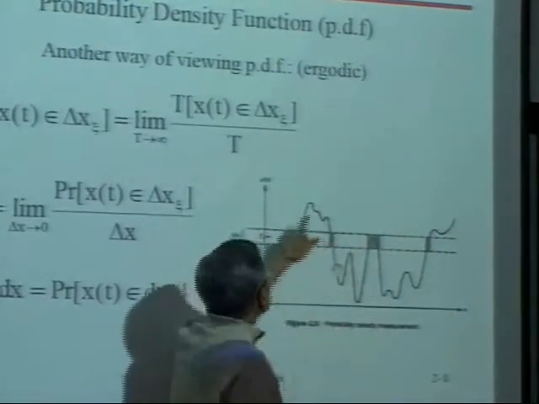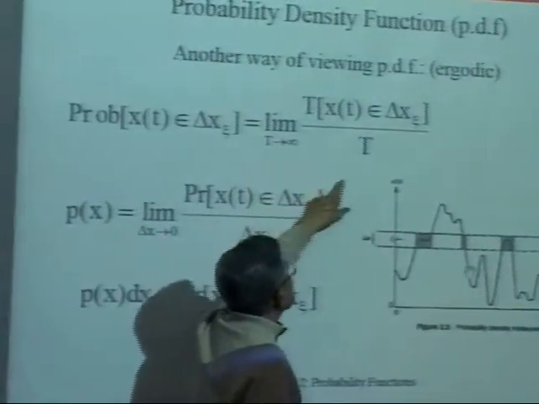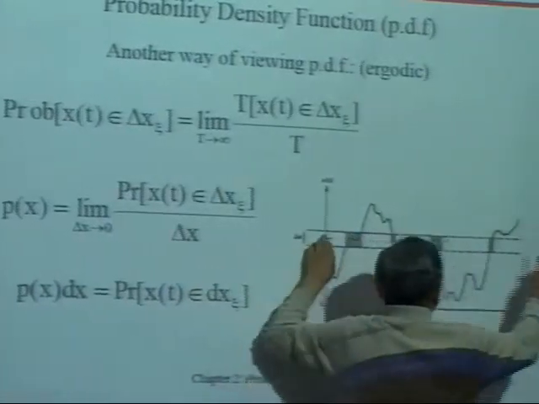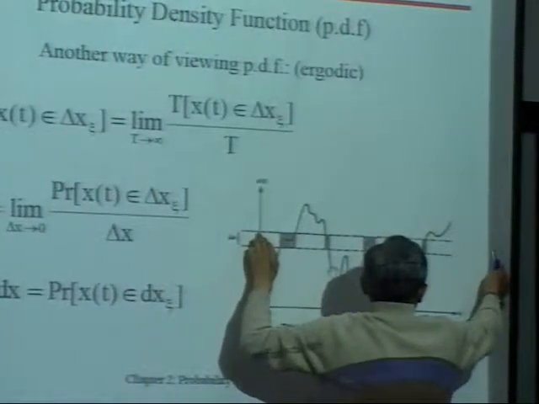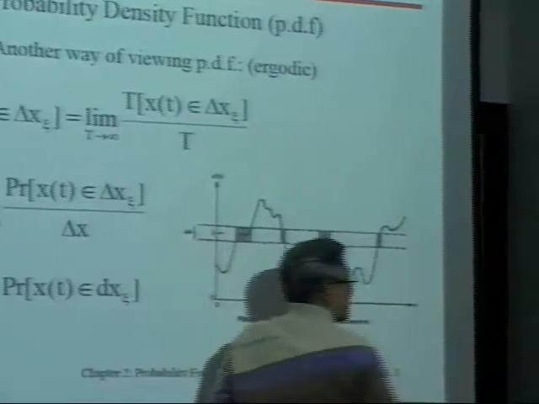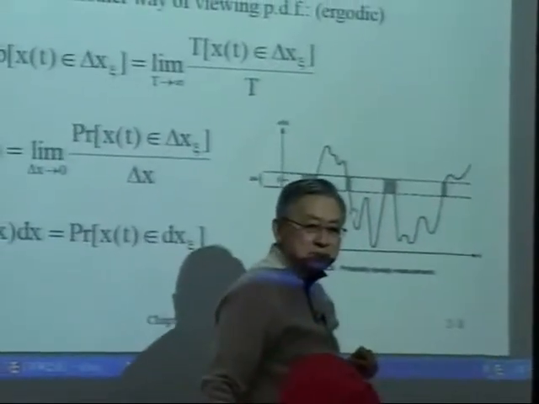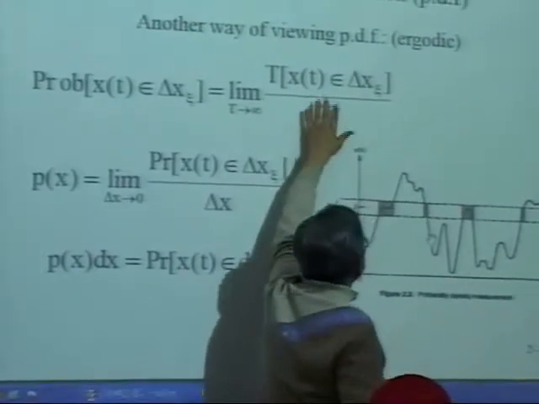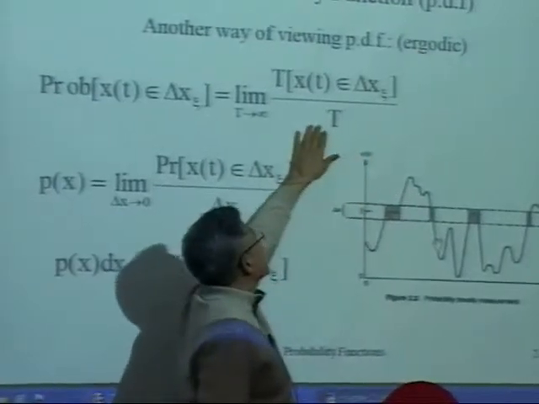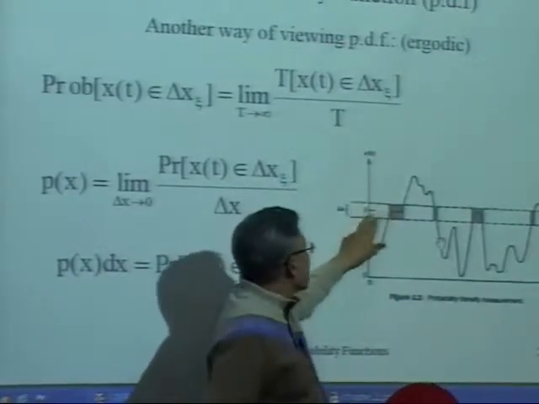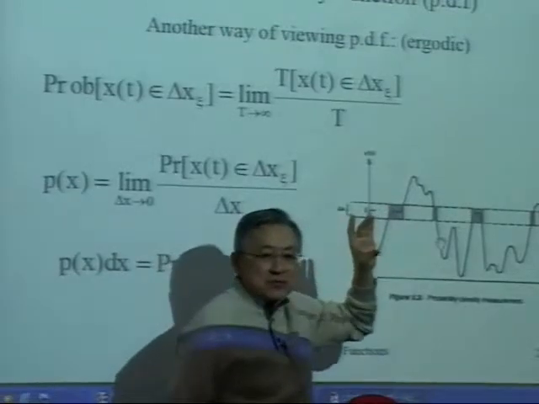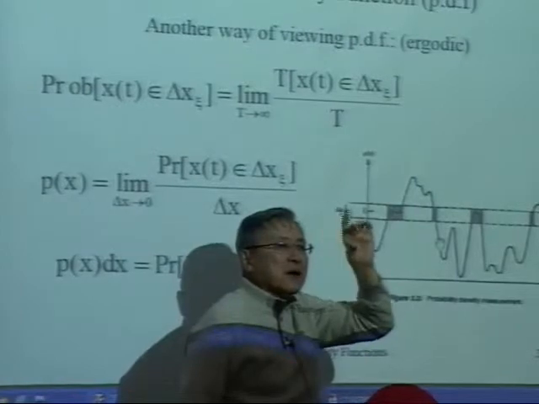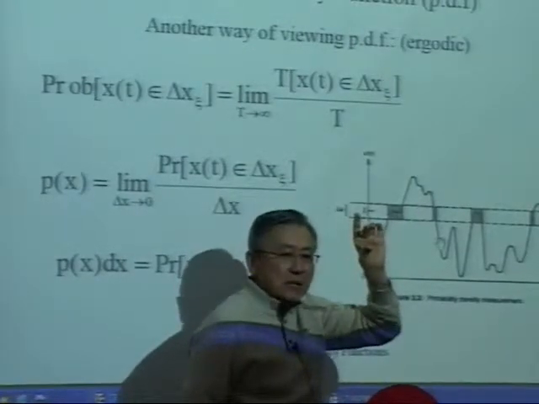Then the denominator is the whole duration. Duration could be from here up to here, or could be longer. This is the ratio of total time to the delta x chi durations, the finite x amplitude.